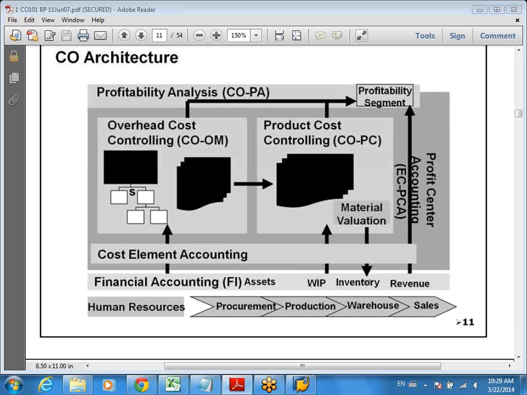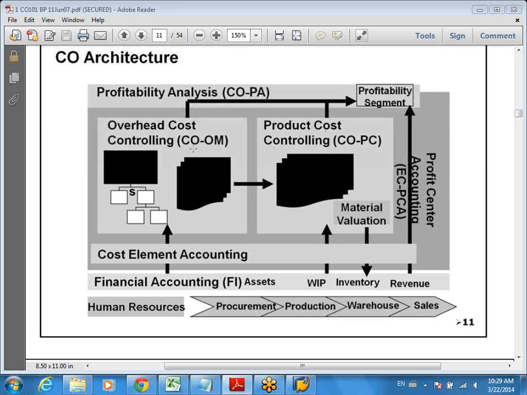We also have the existing inventory, and also financial assets that are being depreciated. The link between this and this is really your cost element account. We talked about primary cost element and secondary. Those are the ones that actually link this to these things. So if it is a cost, the cost had better be in this bucket or this bucket. Only two buckets of cost: overhead and your product costing.